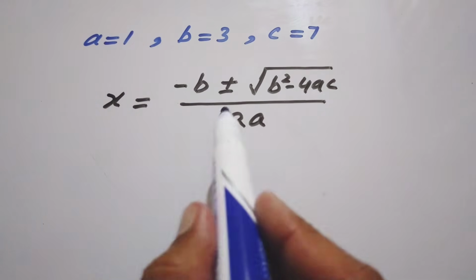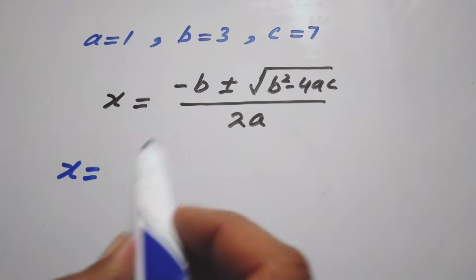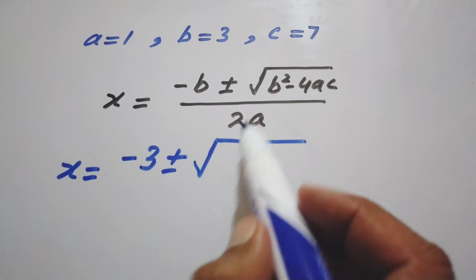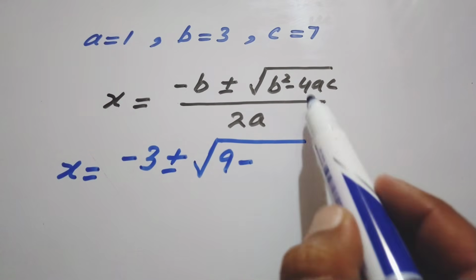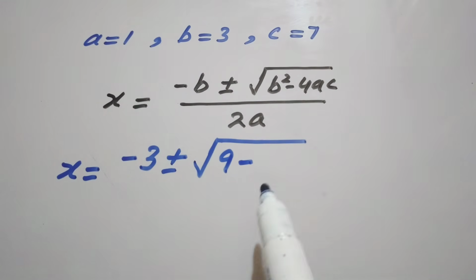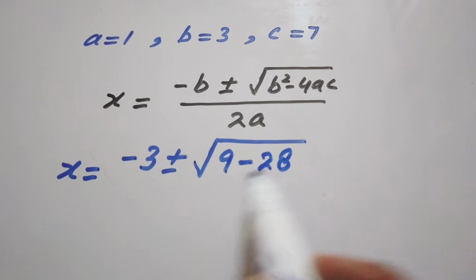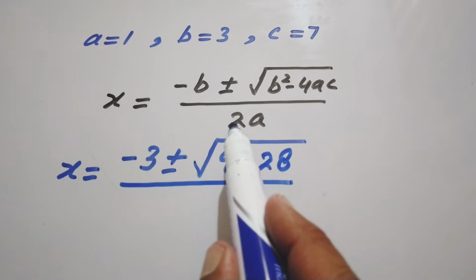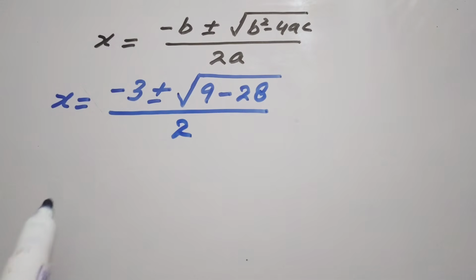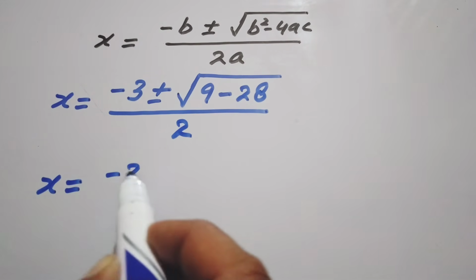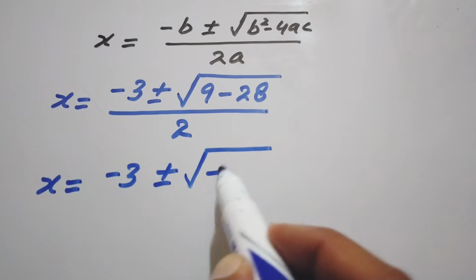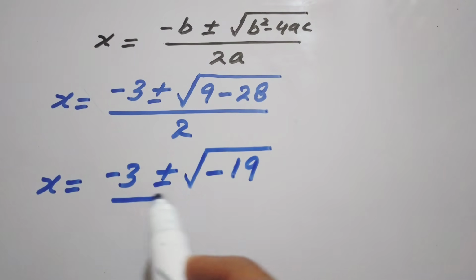So substituting these values in this formula, x is equal to negative b, negative 3, plus minus square root of b squared, b is 3 and 3 squared we get 9, minus 4ac, 4 multiplied by 1 is 4, and 4 sevens are 28, divided by 2 multiplied by 1, which is 2. Now x is equal to minus 3 plus minus, here 9 minus 28 we get minus 19, divided by 2.